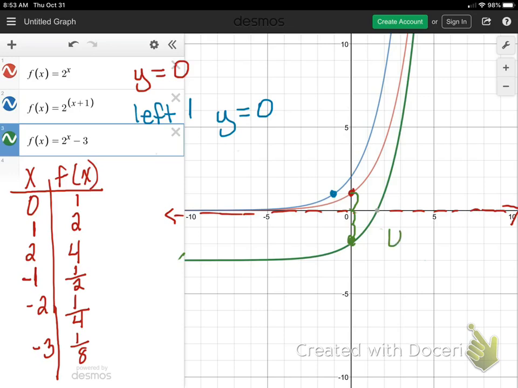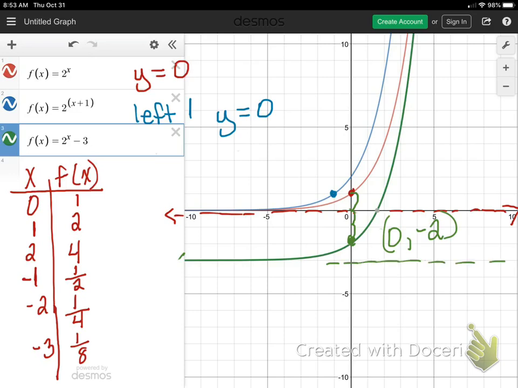0 what? It's not negative 3. It's negative 2. And students really, really want it to be negative 3. But it's not, because where did it start? It started at 1. So this point right here is moving down 3. Now, my red function had a horizontal asymptote at y equals 0. What has happened to that horizontal asymptote?